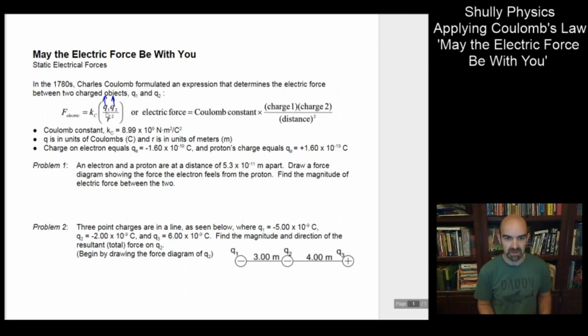What else can it show us? If we increase the distance, how's that going to change? Well, if we increase the number in the denominator, what's going to happen to the force? It's going to get weaker. So if you take a number divided by 2 or divided by 3 or divided by 4, it becomes 1/2, 1/3, 1/4. And every time you increase that denominator number, you decrease the value of the force.